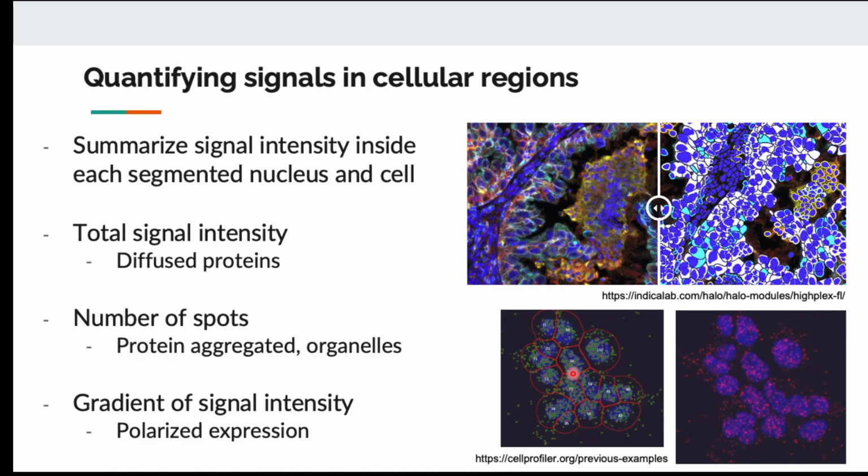But some proteins aggregate, and when you stain these proteins, they will appear as dots in your image. So some algorithms will allow you to either quantify the average or total intensity inside the cells, or you might want to count the number of dots, the number of spots for the protein. These are for different types of protein.